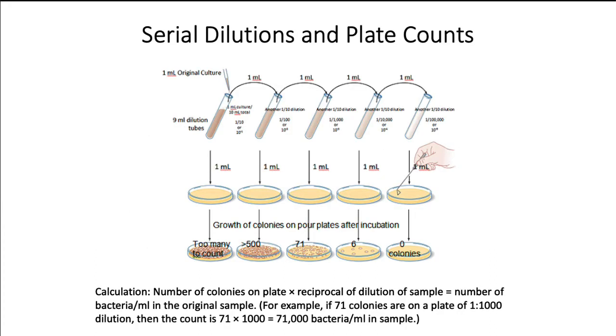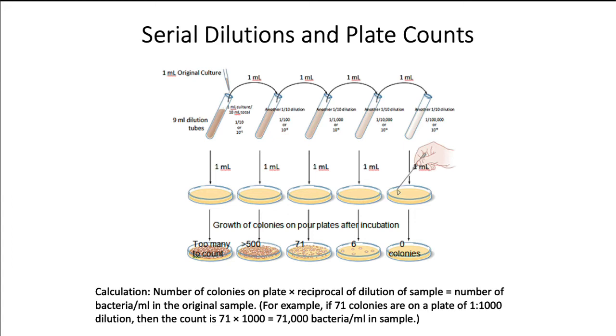And two things. One is, what dilutions do you do? Well, once you know your sample very well, you may know what kind of dilutions work. But if you have a completely unknown sample, you may need to just have a broad range of dilutions so you are sure that one of them is going to work.